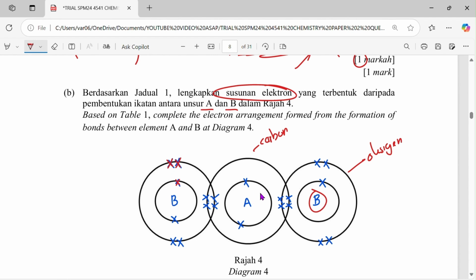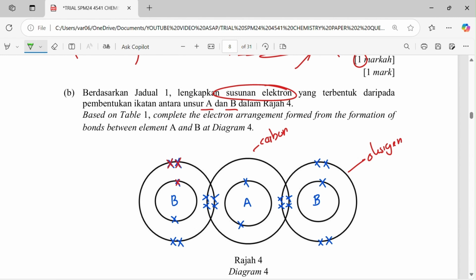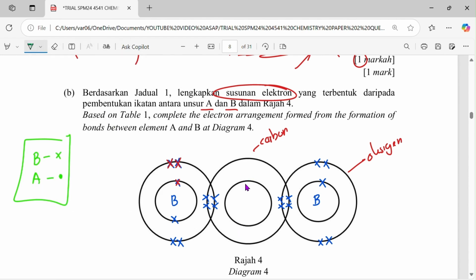So it is best for you to represent each atom with a separate symbol. Let's say for atom B, which is your atom oxygen, I represent electron as X. For atom A, maybe a dot. Okay, make sure you remember this. That would make the permanent Excel way easier, and it is more precise and correct because different atom, different electron. Okay, so let me just change that.